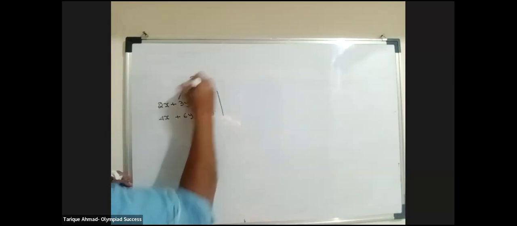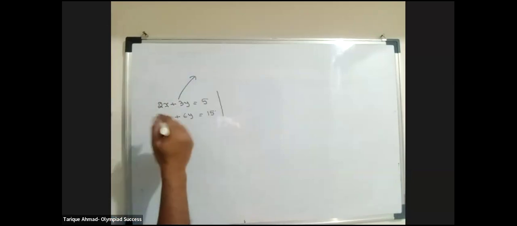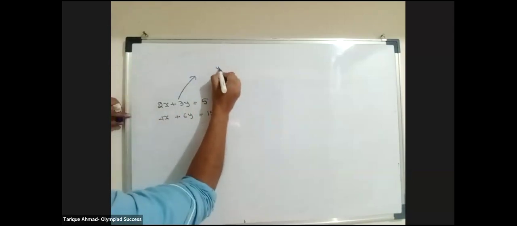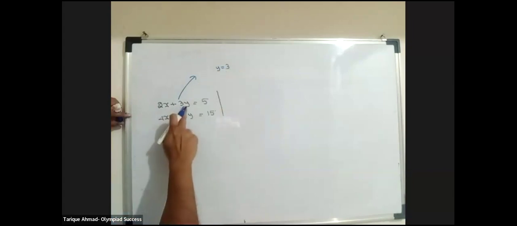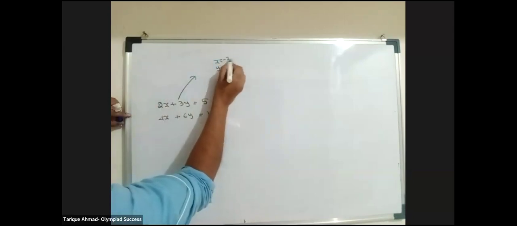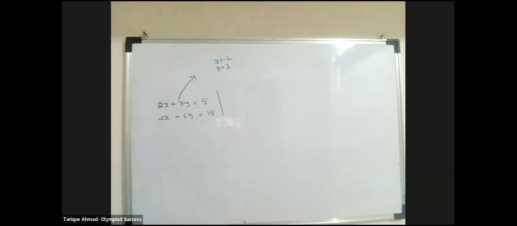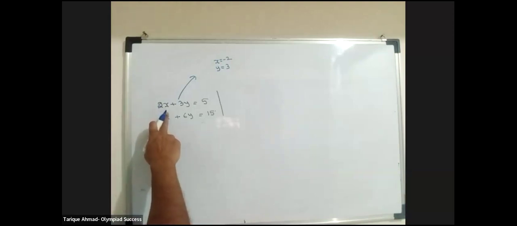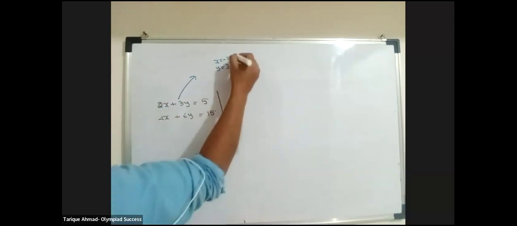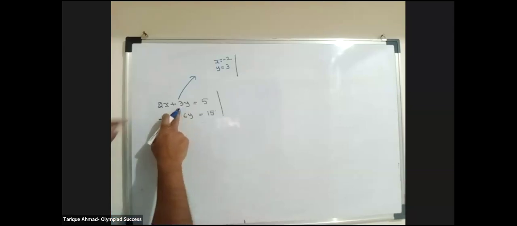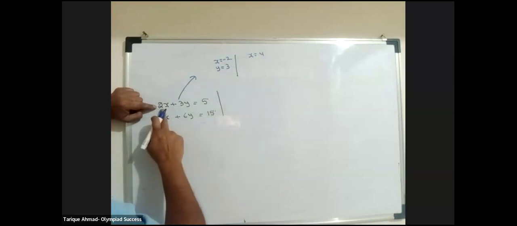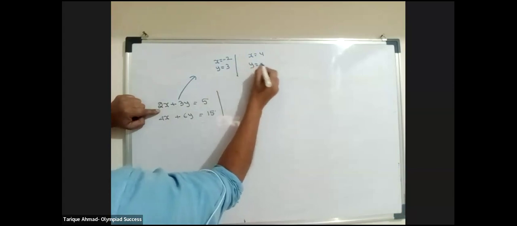For this one, I'm taking y as 3, x will be -2. Then I'm taking x as 4, y we will get -1.